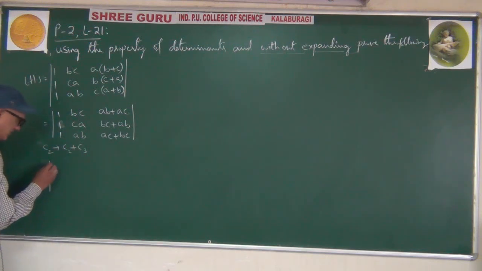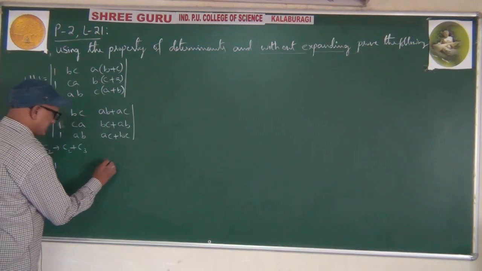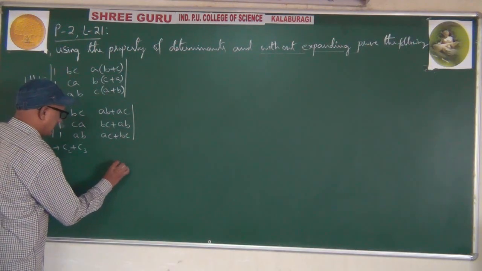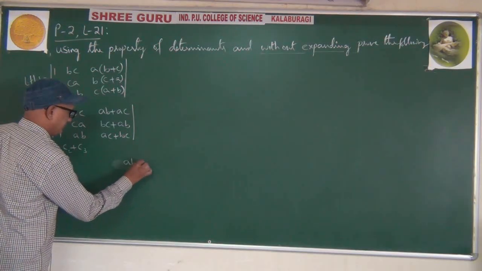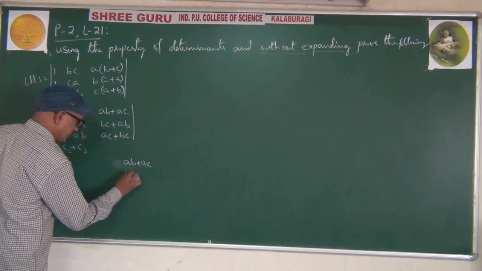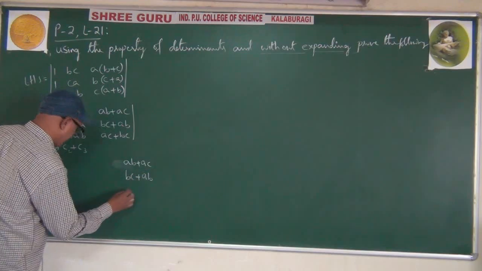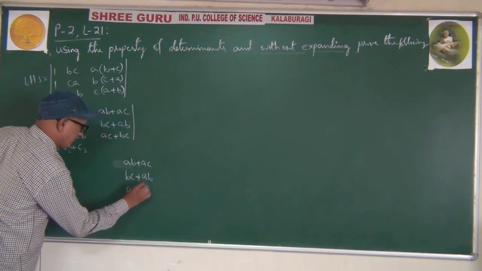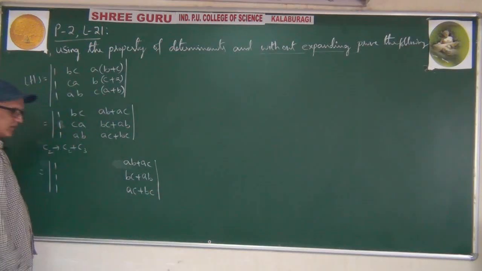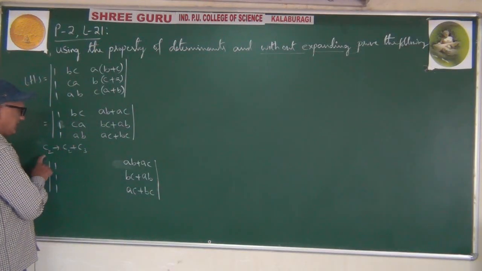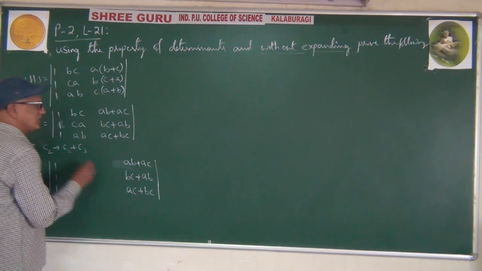The first column is as it is, the third column is as it is. How are we changing the second column? Like C2 plus C3.